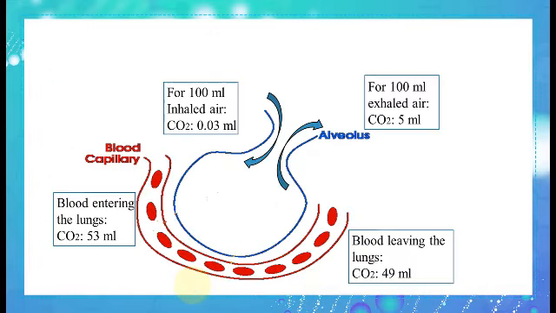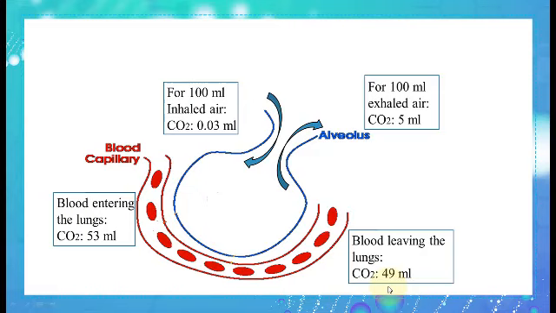So what happened here? Why does the quantity of carbon dioxide gas increase from 0.03 milliliters to 5 milliliters in the exhaled air? And why does the quantity of carbon dioxide gas in the blood entering the lungs decrease from 53 milliliters to 49 milliliters?